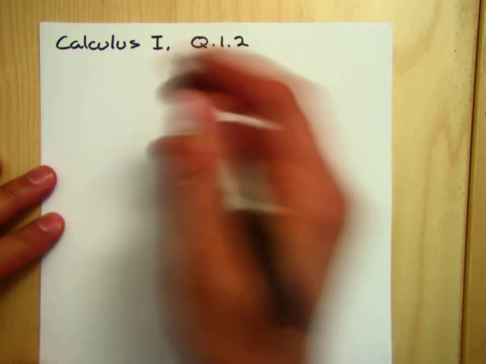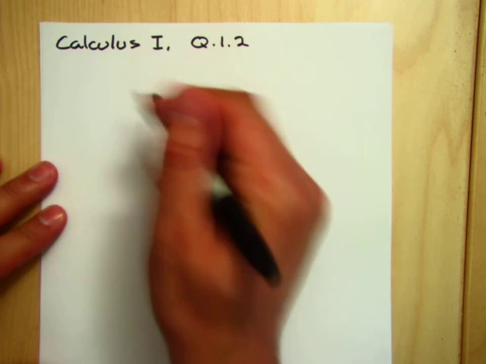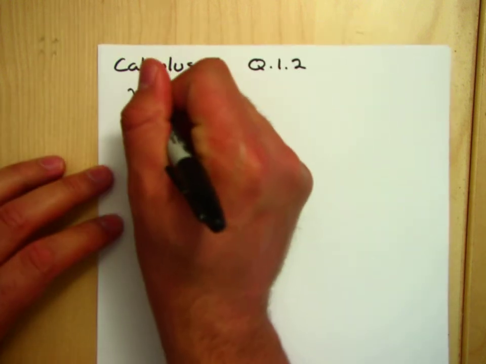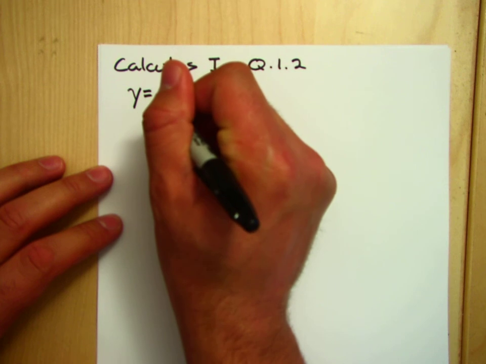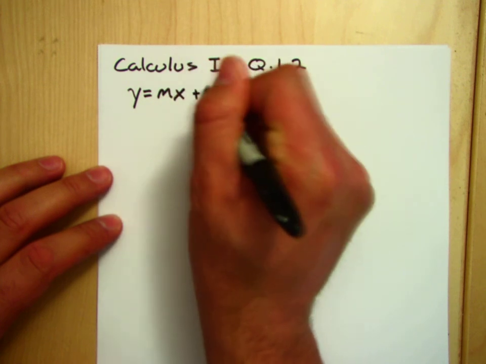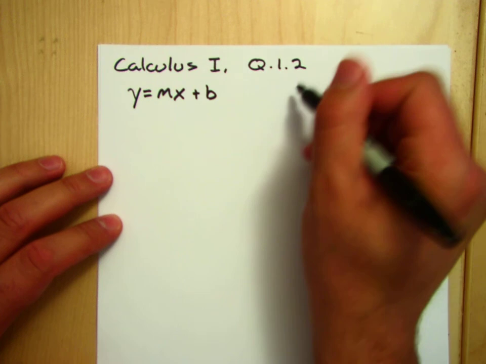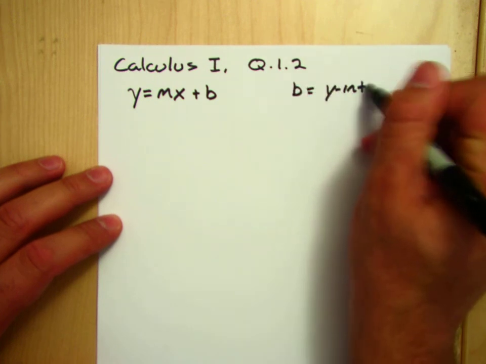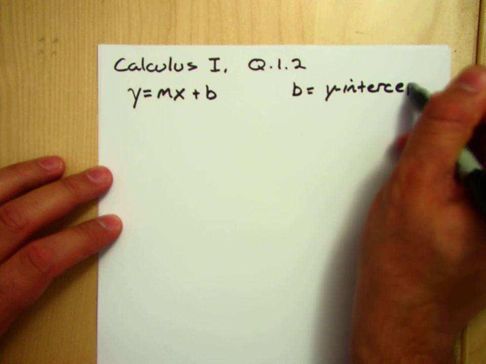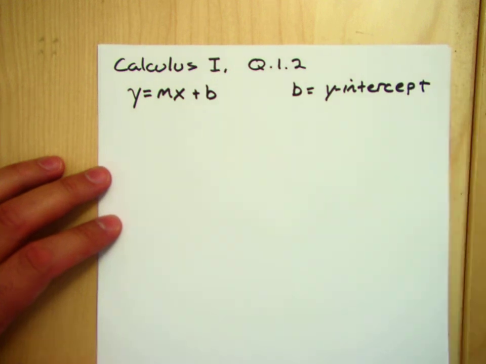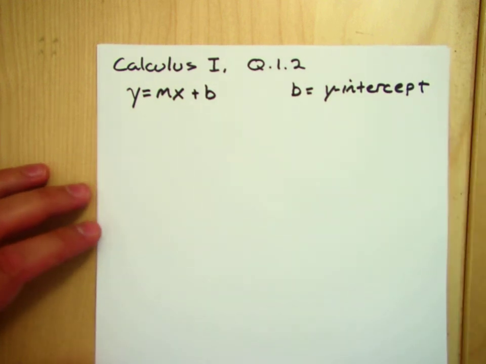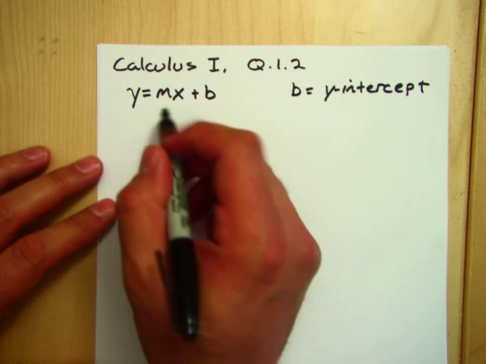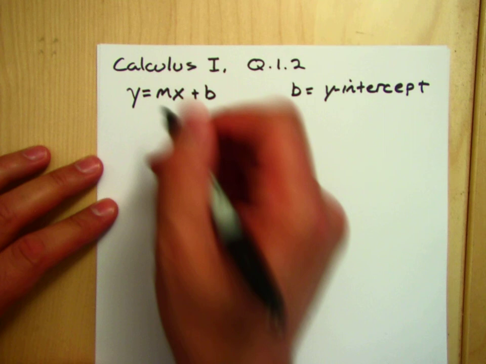So before we get started, if we have a line and the equation is of the form y equals mx plus b, b is the y-intercept. Now, generally speaking, there are a couple of exceptions to this, but with most lines, we can also solve for x in terms of y.